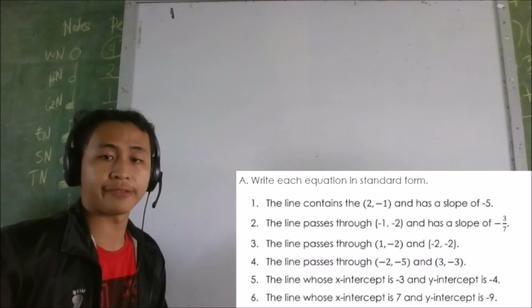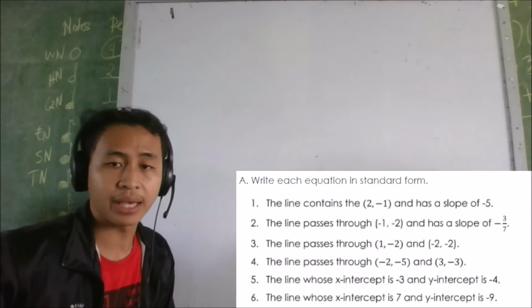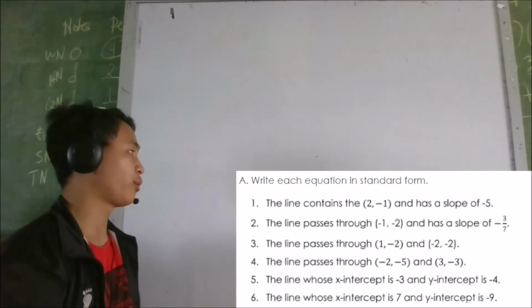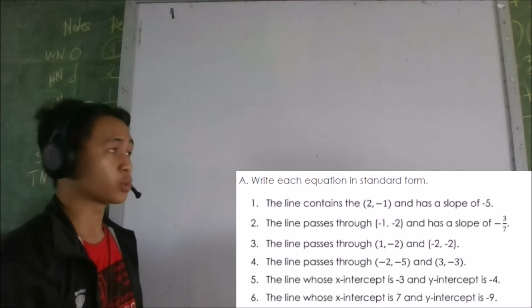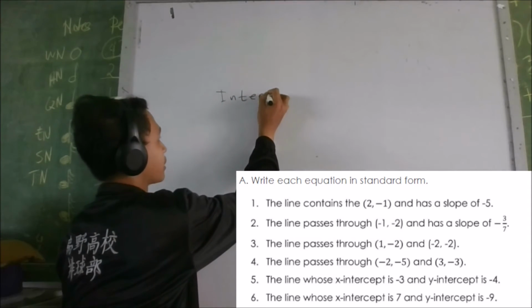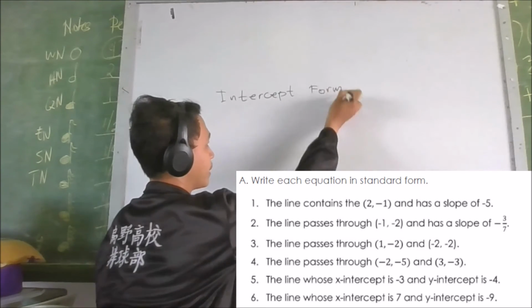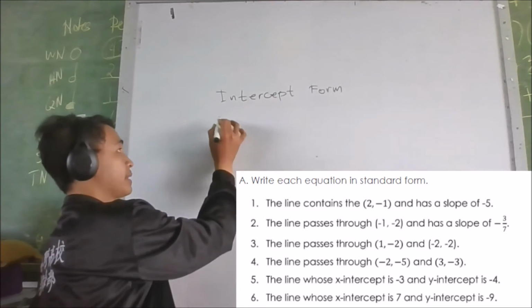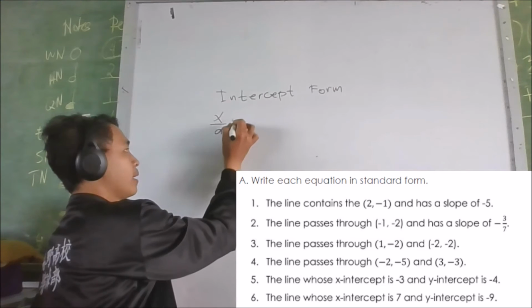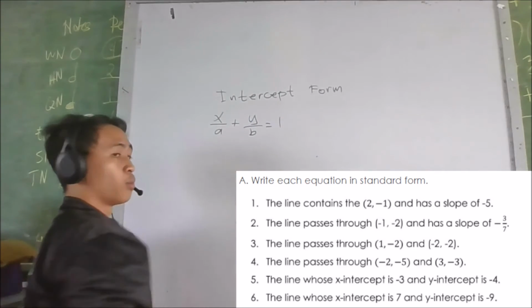Okay, so for the fifth problem, the line whose x-intercept is negative 3, y-intercept is negative 4. So what we're going to do there is what you call the intercept form. Okay? So the formula there is x over a plus y over b equals 1.